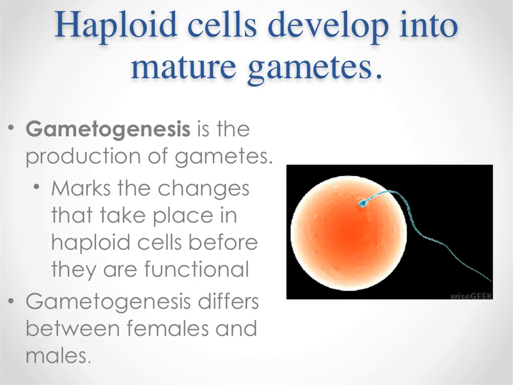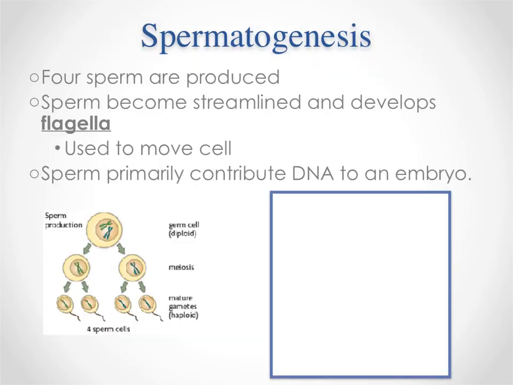Gametogenesis is the production of gametes. It marks the changes that take place in haploid cells formed from meiosis before they are actually functional as sperm and egg cells. Gametogenesis is different between males and females. In spermatogenesis, 4 sperm cells are produced.